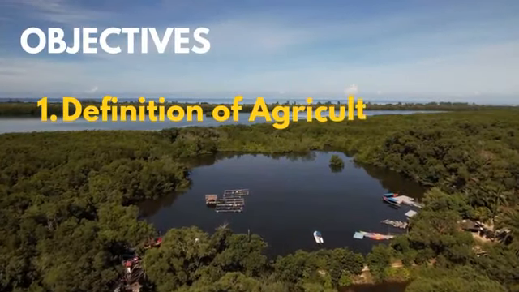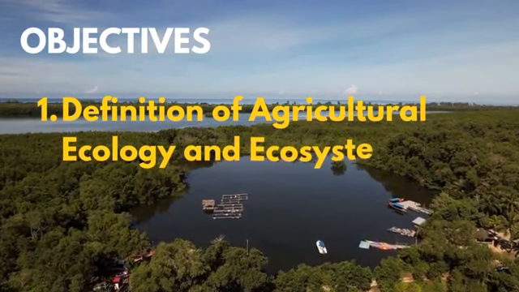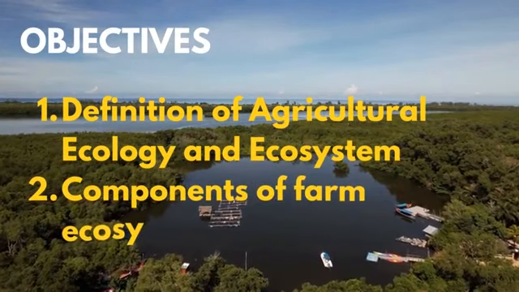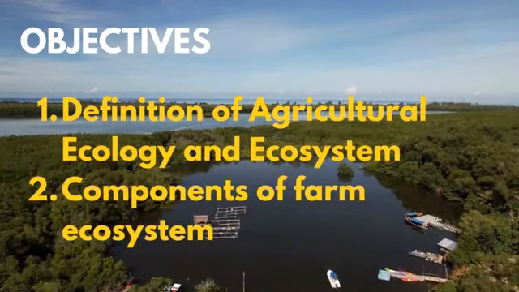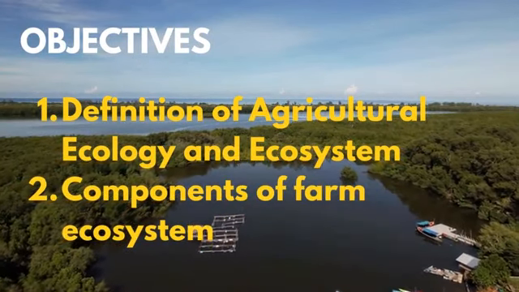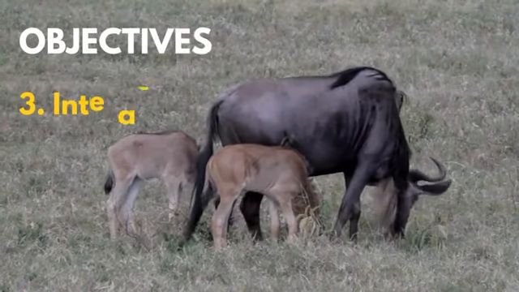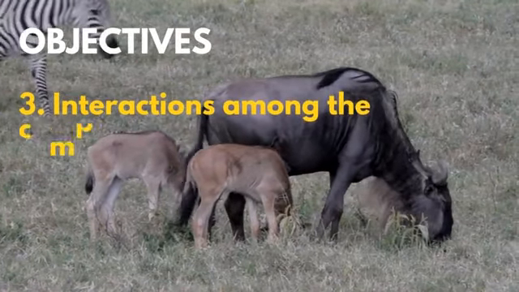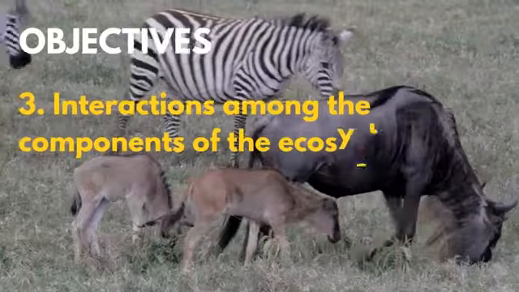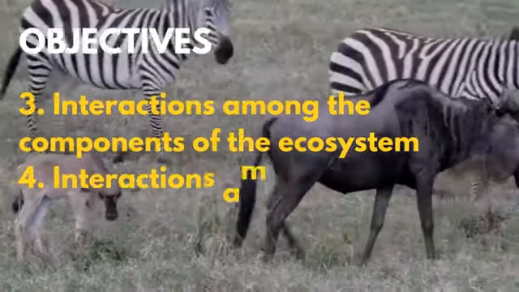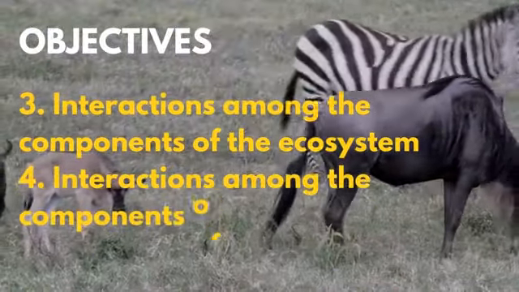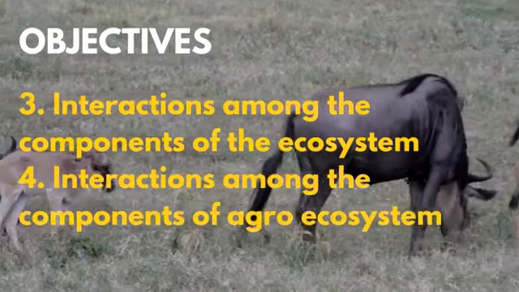So in today's topic, we'll be looking at the definition of agricultural ecology and ecosystem. We'll be looking at components of the farm ecosystem. We'll also be looking at the interactions among the components of the ecosystem, and the interaction among the components of the agroecosystem.